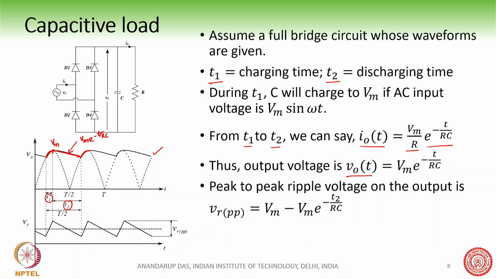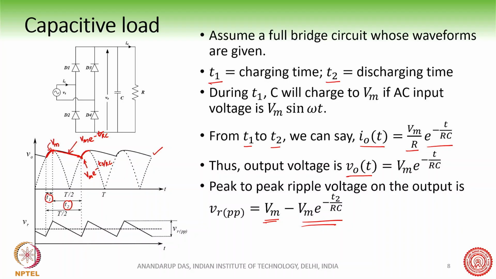At this point the voltage is Vm, and at the end of T2 the voltage here is Vm into e to the power minus T2 by RC. This is the voltage at this point. So therefore we know the peak to peak ripple voltage on the output.